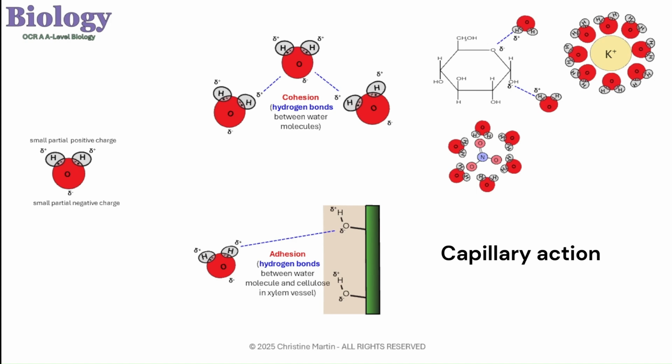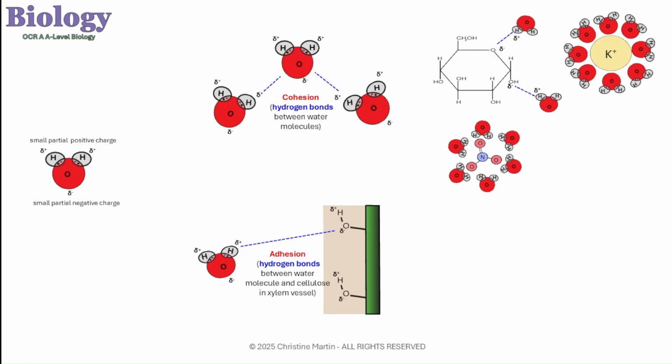So to understand the driving force of water up the plant from the root to the leaves, we need to consider another property of water. That is the latent heat of vaporization. So water molecules form hydrogen bonds with one another, which is why water remains liquid at room temperature.